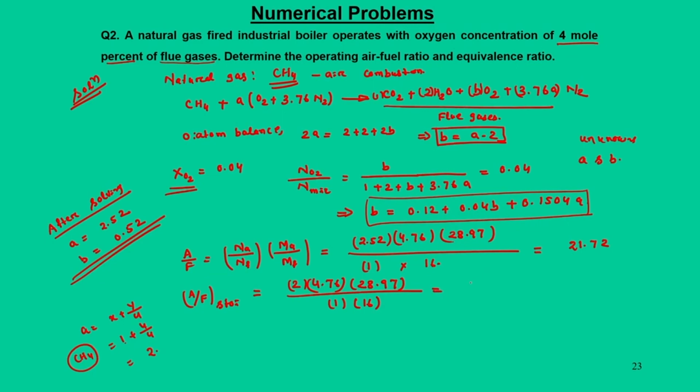This number is 17.23. So we have air-fuel ratio 21.72, and the equivalence ratio phi is A by F stoichiometric divided by A by F actual, which is 17.23 divided by 21.72. This number is 0.79.